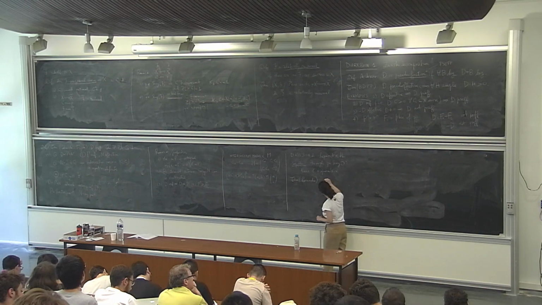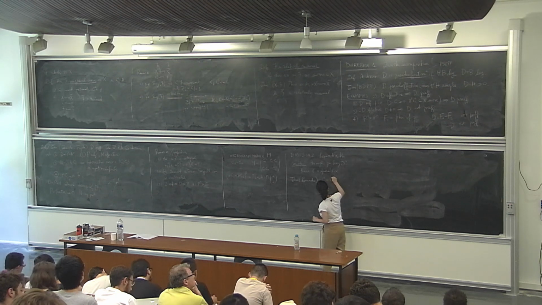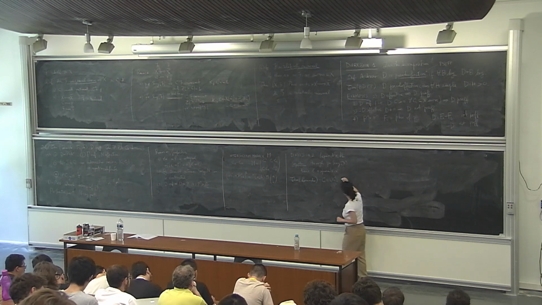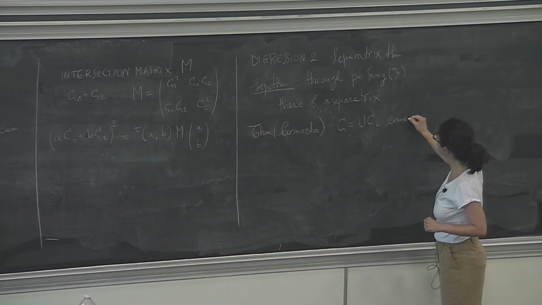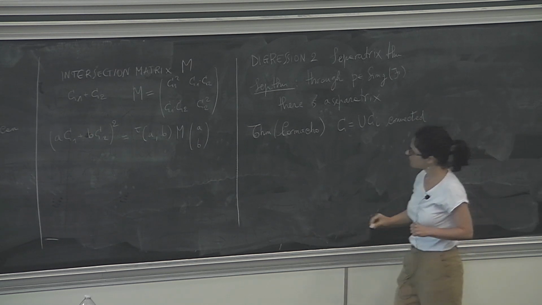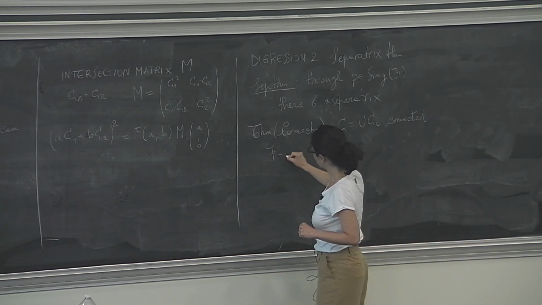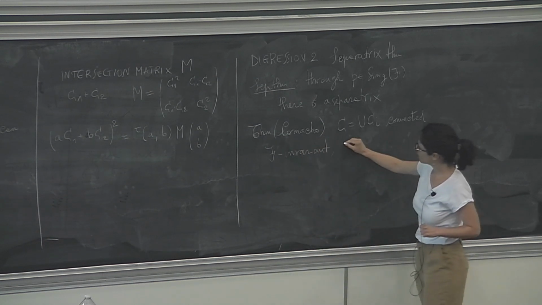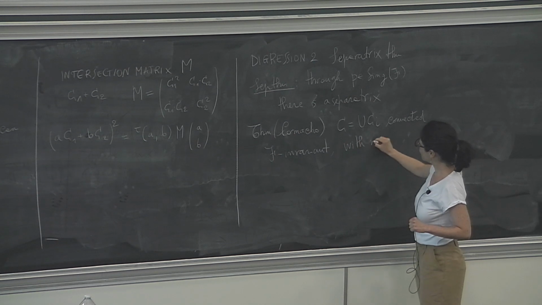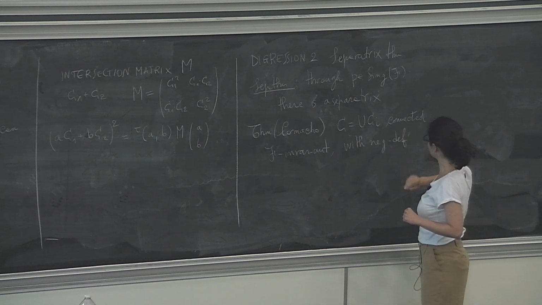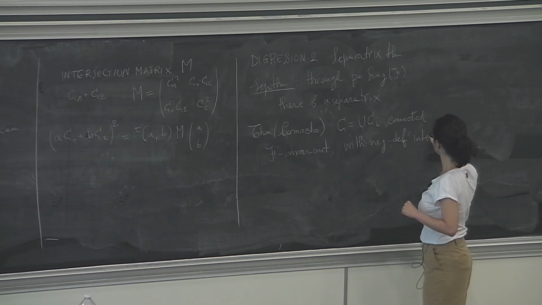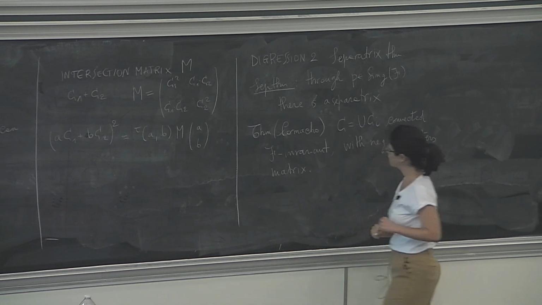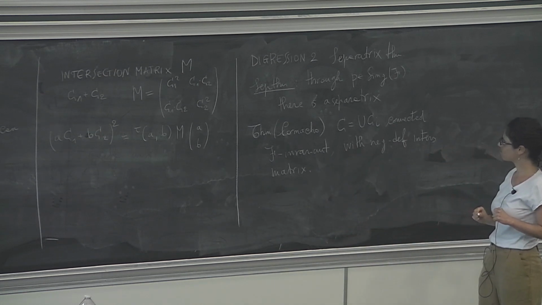So we consider C a curve which is connected, let's say, F-invariant, and with negative definite intersection matrix. And that's it.